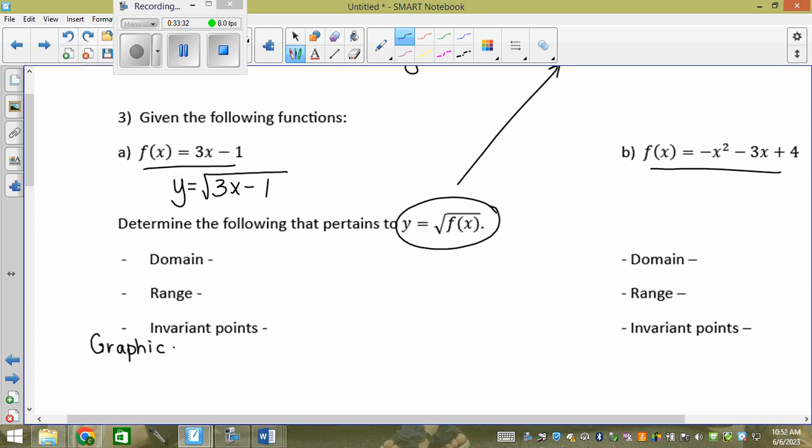So if they ask you to find the invariant points and don't specify how, graphically you can go y equals, into your y2, put in y2 equals 0. So leave your equation in your y1, and in your y2, put in 0. Then what are you going to do? You're going to look for where they intersect. Second trace 5, enter, enter, enter.